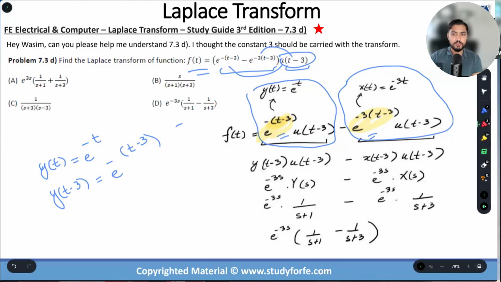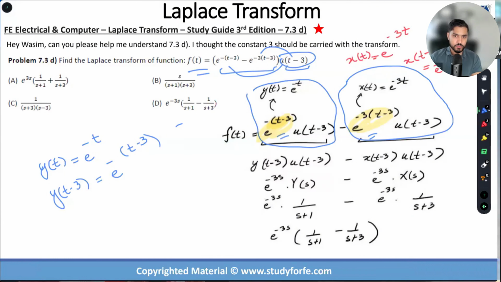And over here, if I define x of t equal to e to the power of minus 3t, then x of t minus 3 will be equal to e to the power of minus 3(t minus 3). This is a simple substitution. Correct, guys?